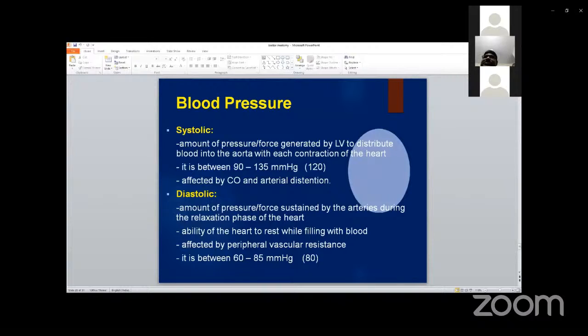Systolic blood pressure is affected by cardiac output and arterial distension. Next one is diastolic blood pressure. The amount of pressure faced by the arteries during the relaxation phase of the heart. That is called diastolic blood pressure.